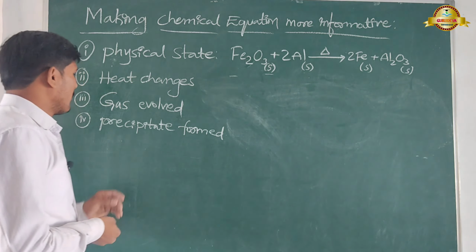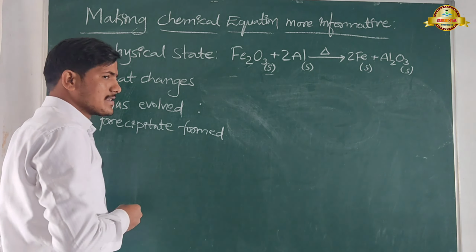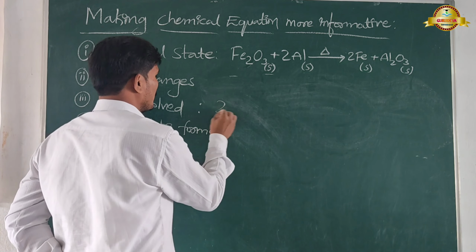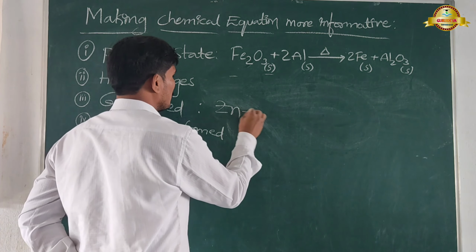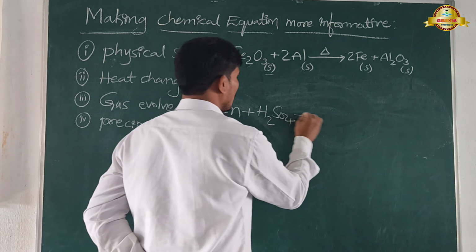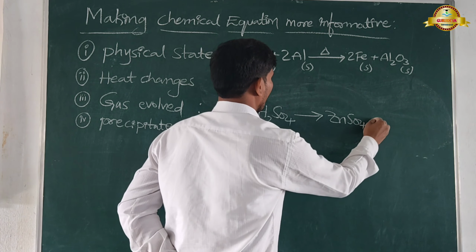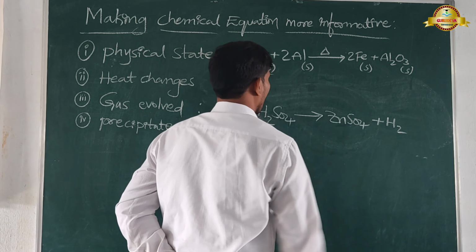Next, gas evolved. In some chemical reactions, gas is evolved. For example, take zinc. Zinc when treated with H2SO4 will form ZnSO4 plus hydrogen gas evolved.